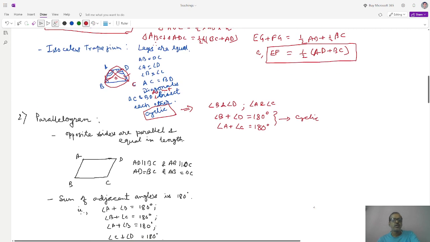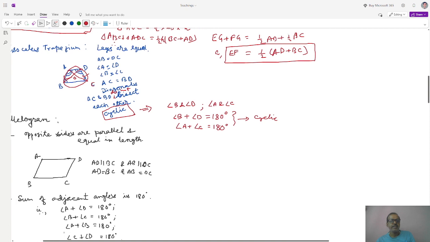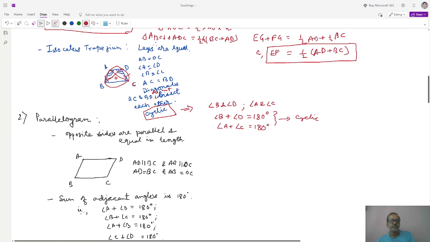Now come to the figure parallelogram. What is a parallelogram? If the opposite sides of a quadrilateral are parallel and equal in length, then this is known as a parallelogram.